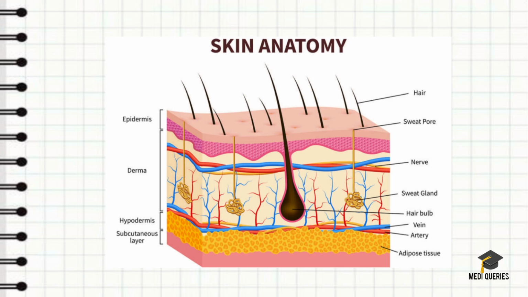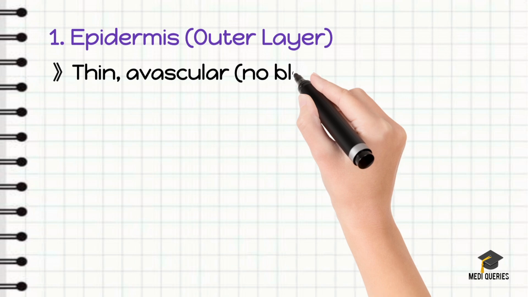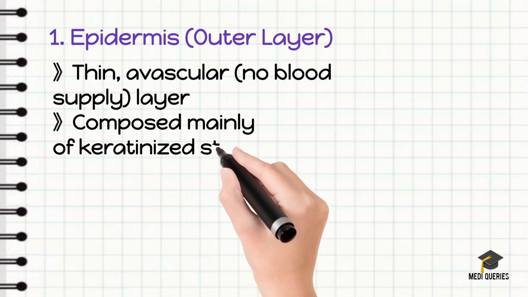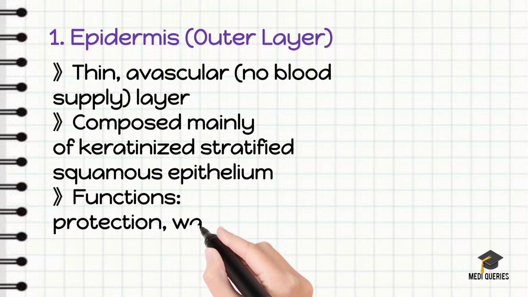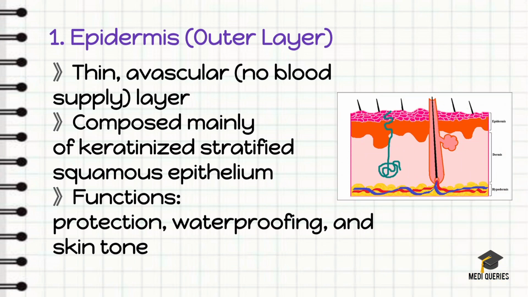There are sub layers of the epidermis: stratum basale, stratum spinosum, stratum granulosum, stratum lucidum, stratum corneum. Okay, so these are all the sub layers of the epidermis. And the second layer is the dermis.